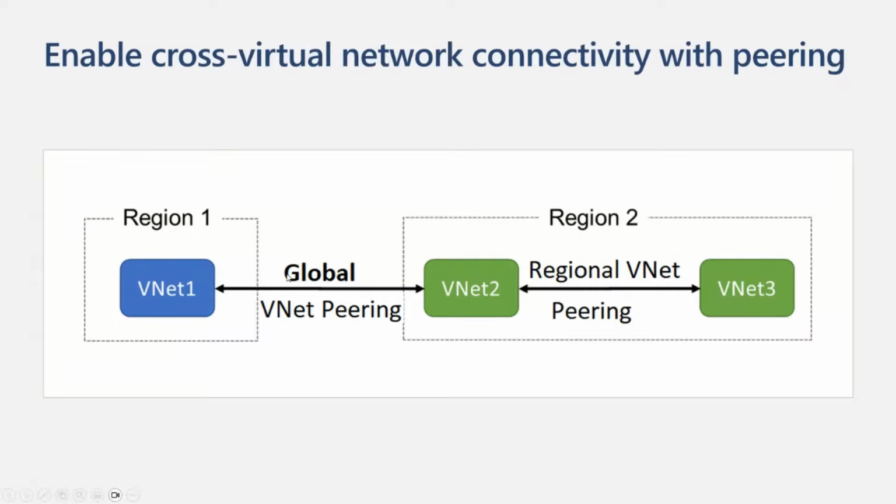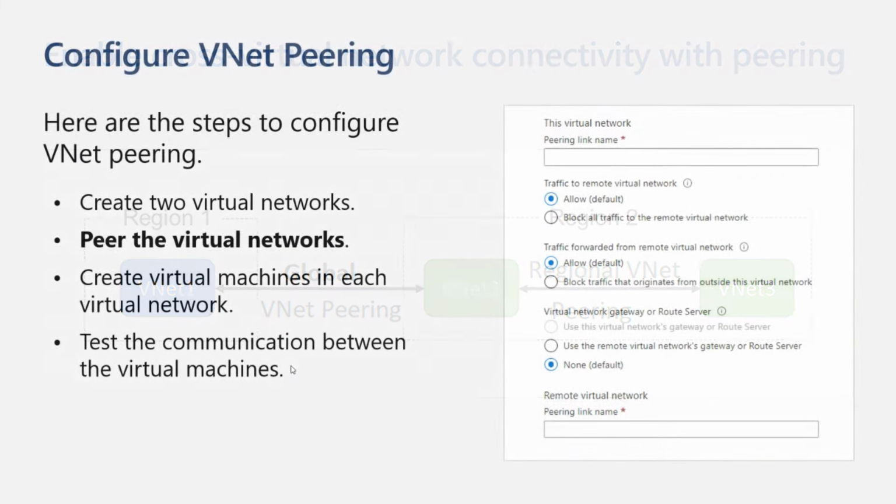When you navigate into one of those virtual networks, you're going to select peering, and this is a screenshot of what it's going to look like within the Azure portal. First we have this peering link name. So it goes back to having that naming convention. You want to have it something meaningful. So if I were looking to peer VNet 1 to VNet 2, I'd want to give it the name of something like VNet 1 to VNet 2.